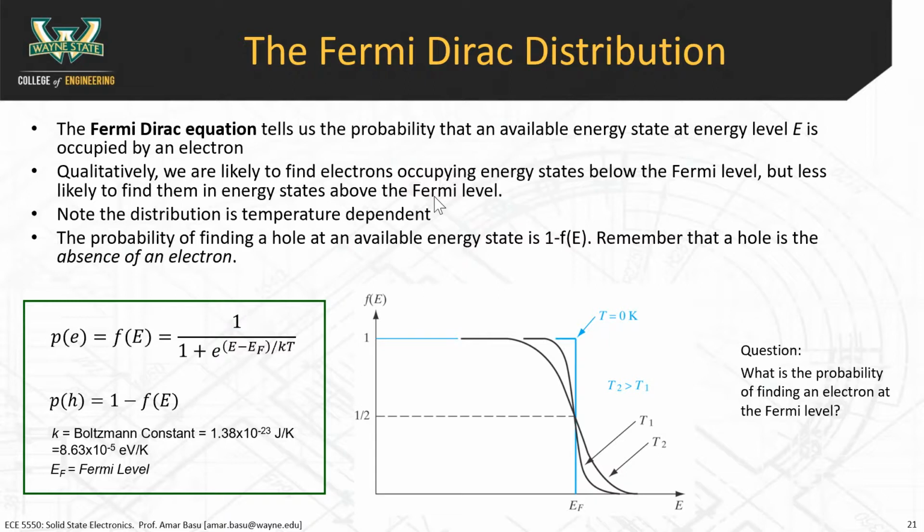At really, really high energy states there's a very low likelihood, so the probability there is 0. There should be some energy at which the probability of finding an electron is 50%. That energy is the Fermi level. I just answered this question here, but you can do the math for that. So the Fermi level is an energy at which the probability of finding an electron is 50%.